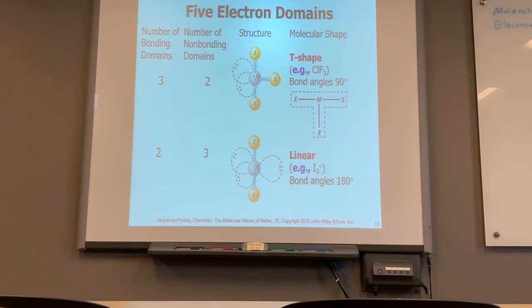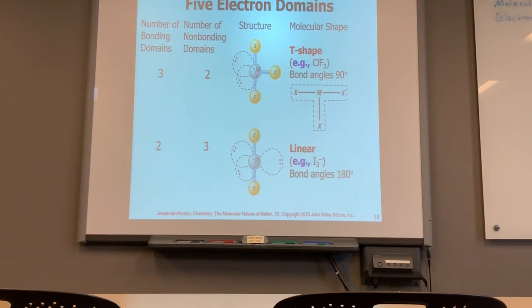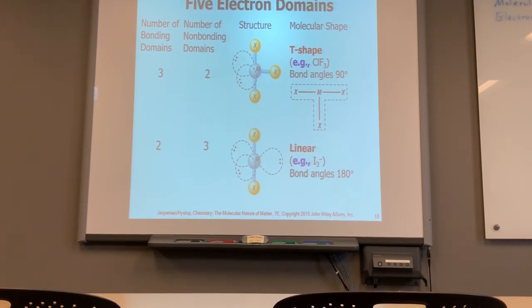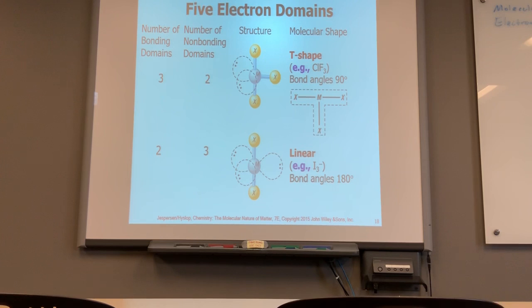But yeah, these are very important when you think about how two molecules interact, because some things can fit together. Some things have similar symmetry or symmetry that match, and then others don't.